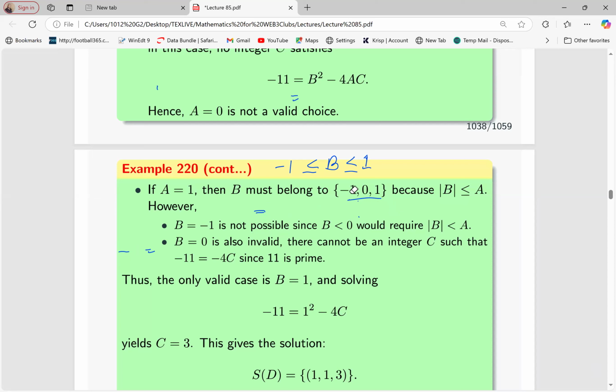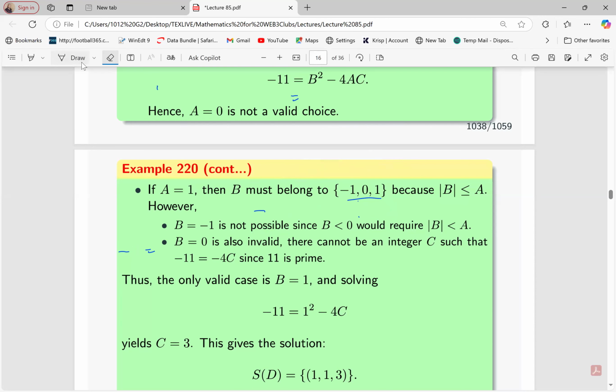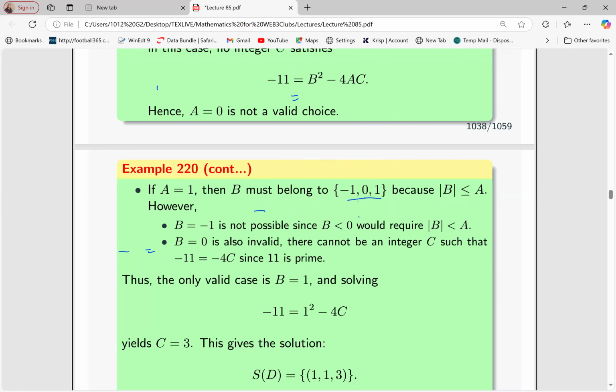Now we check whether B can be 0. If B is 0, again, we go to the equation that says D should be equal to B square minus 4AC.